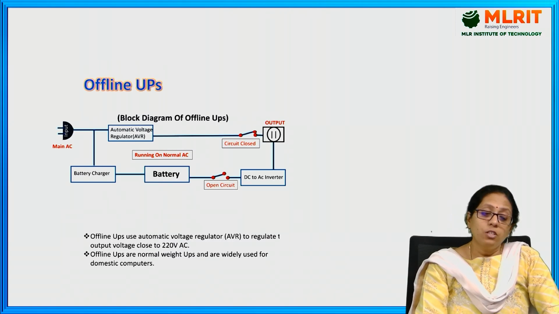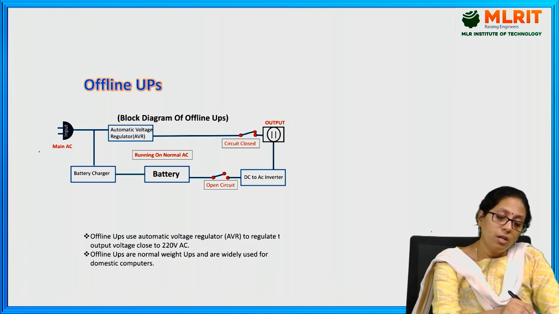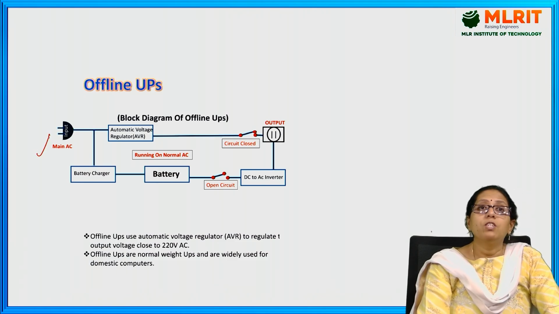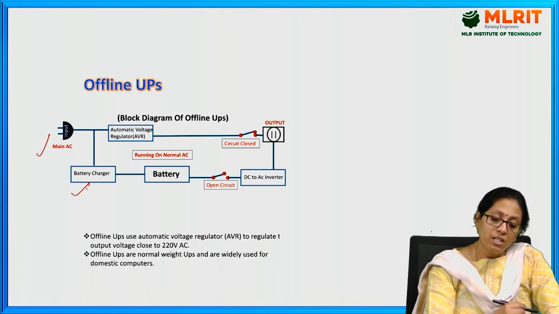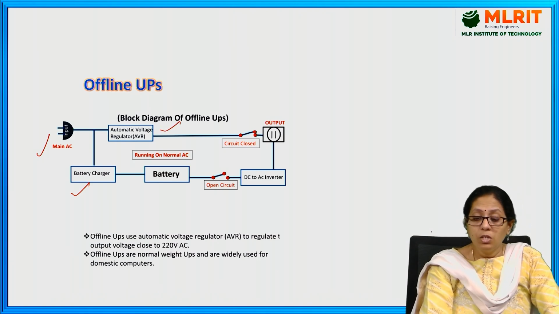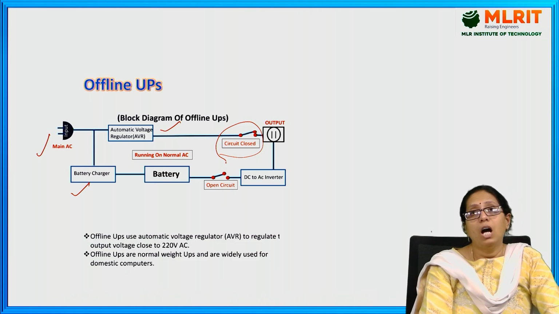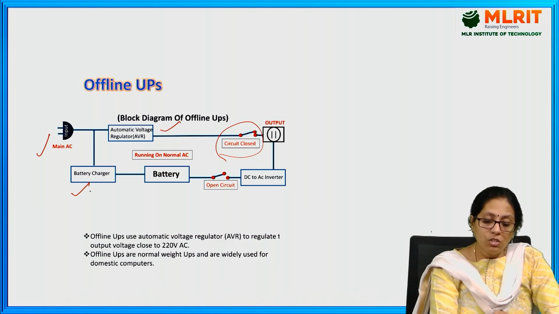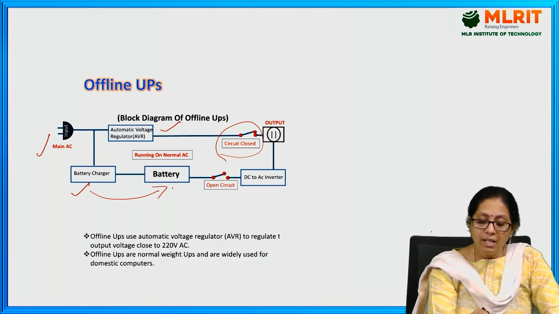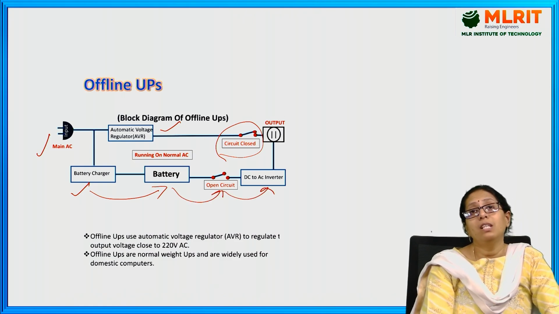In the offline UPS system, this is your main AC supply, which is connected to the battery charger and the automatic voltage regulator, which is connected here using a switch to the output. The battery charger is connected to the battery, and then through a switch it is connected to the DC to AC converter.